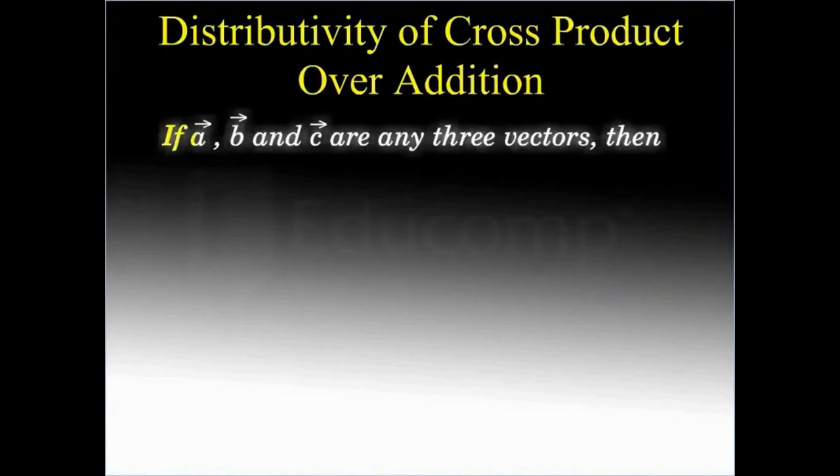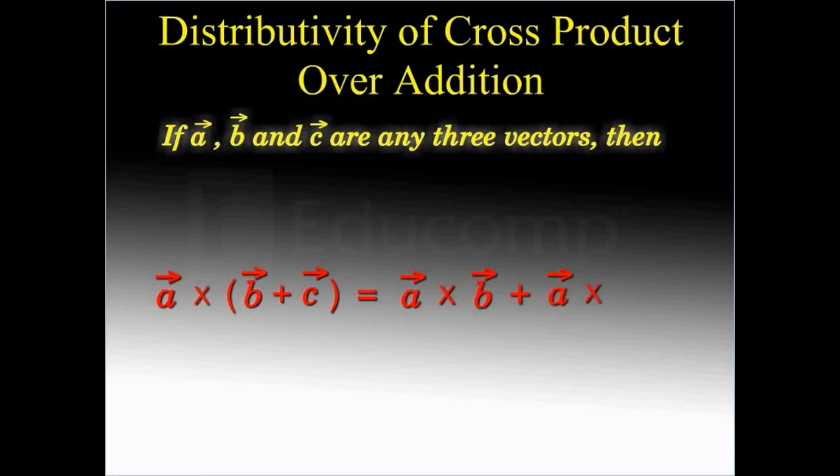If A, B and C are three vectors, then cross product of vector A and sum of vectors B and C is equal to cross product of vectors A and B plus cross product of vectors A and C.